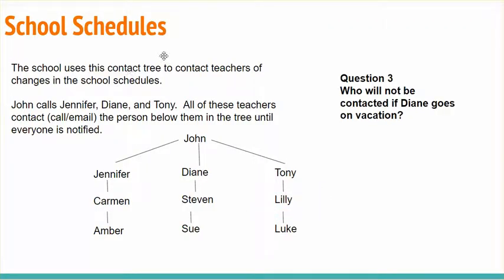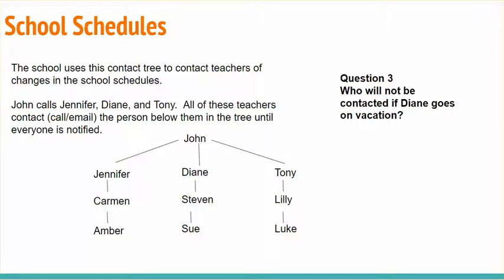Let's say, who will not be contacted if Diane goes on vacation? So the idea here is, let's say John emails Jennifer, Diane, and Tony, and doesn't realize that Diane's actually in Bermuda having a good time, having a vacation. So, in this case, who will not be contacted if Diane goes on vacation?